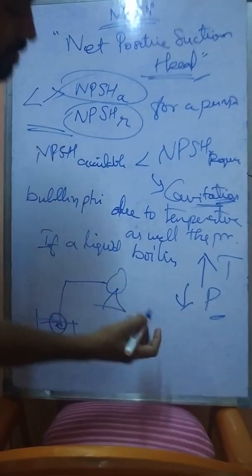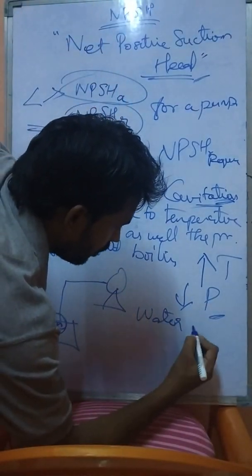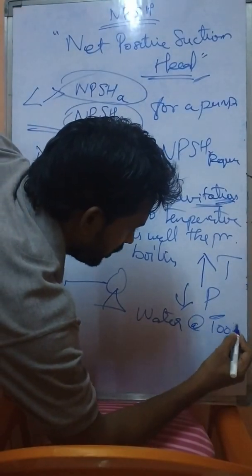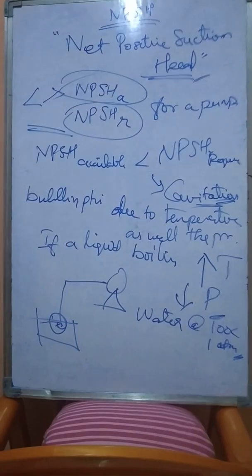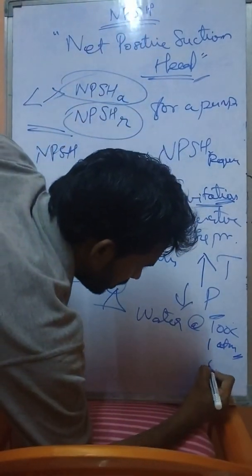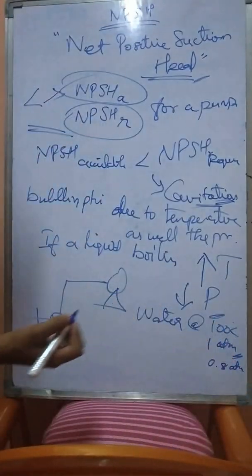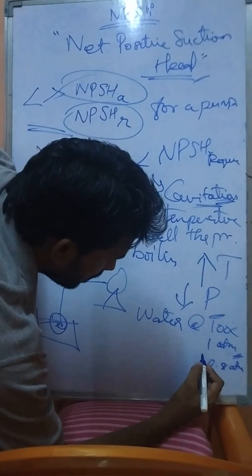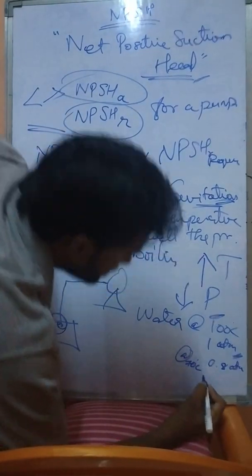For example, we take water. Water boils at 100 degrees Celsius at a pressure of 1 atmosphere. If we take the pressure at 0.8 atmosphere or lower, the water will not boil at 100 degrees, it will boil at around 70 degrees Celsius itself.